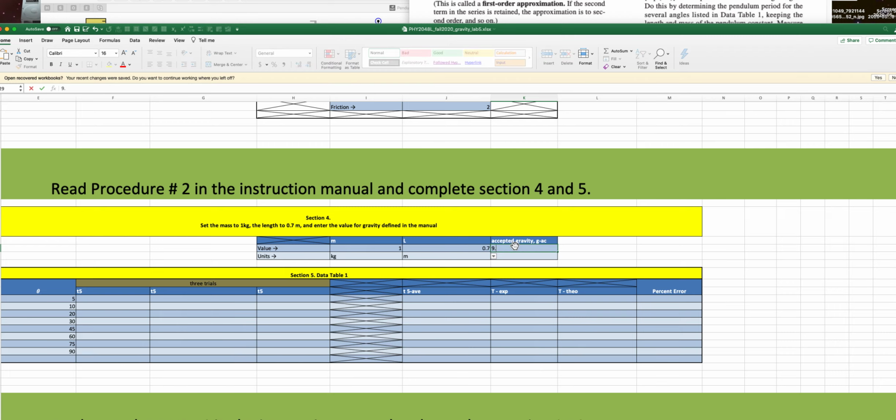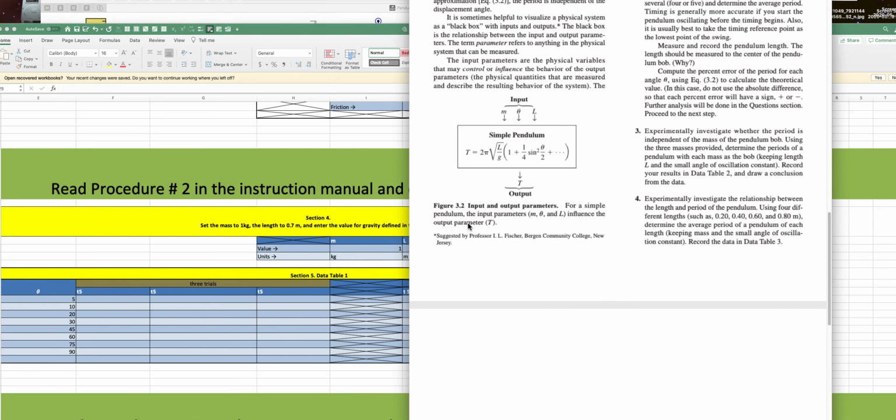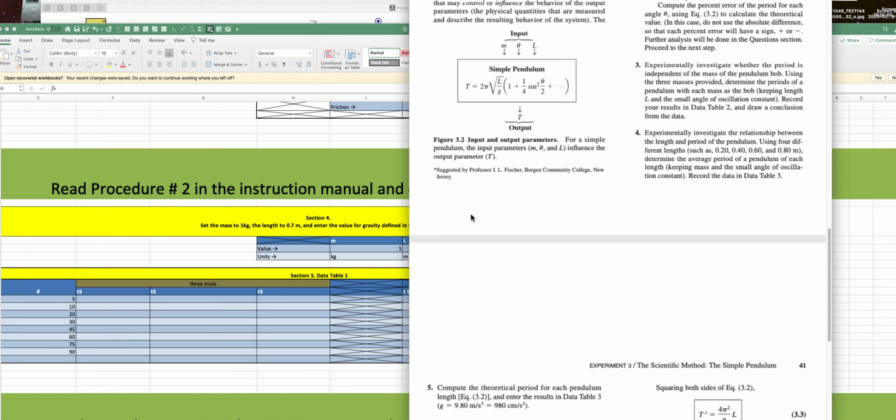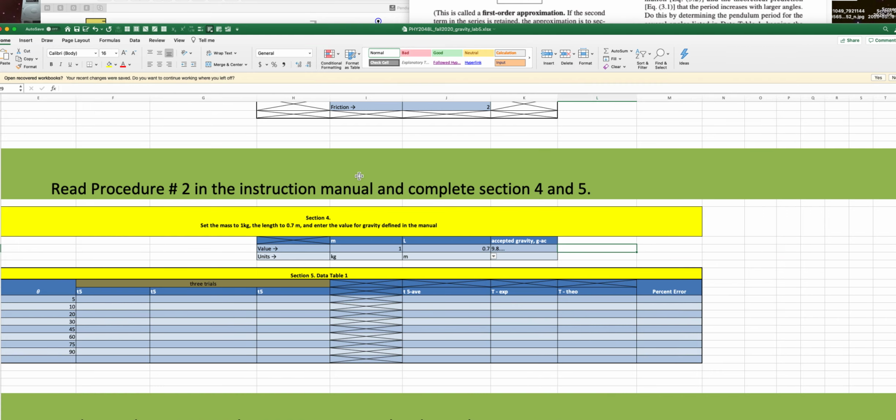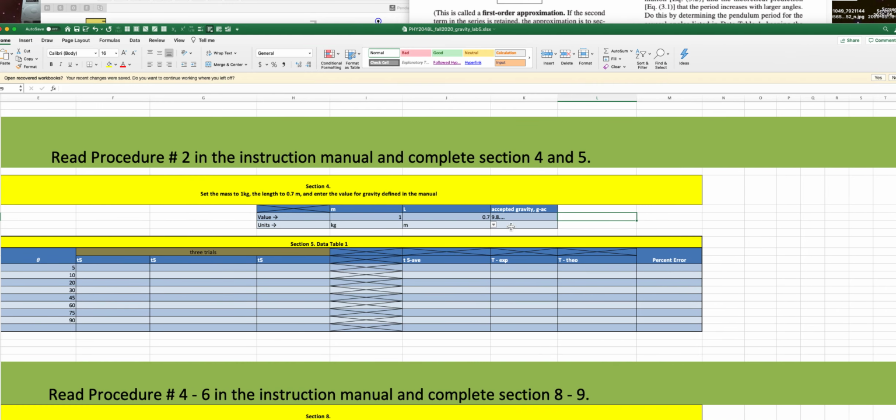Yeah, 9.8 something. So I'll just leave it as 9.8, with however many decimal places is written over here in procedure number 5. And don't forget the units for gravitational acceleration. And now you're going to be ready to begin the experiment.